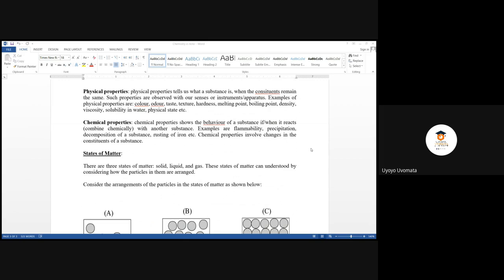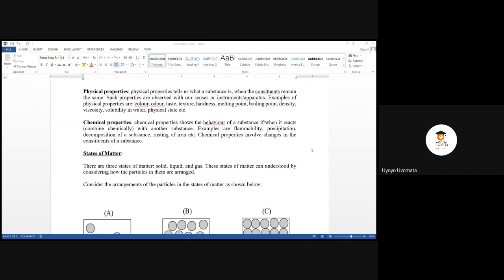Now, what about the chemical properties of a substance? When we're talking about the chemical properties of a substance, the chemical properties show the behavior of a substance if or when it reacts, talking about when it combines in a chemical way with another substance.